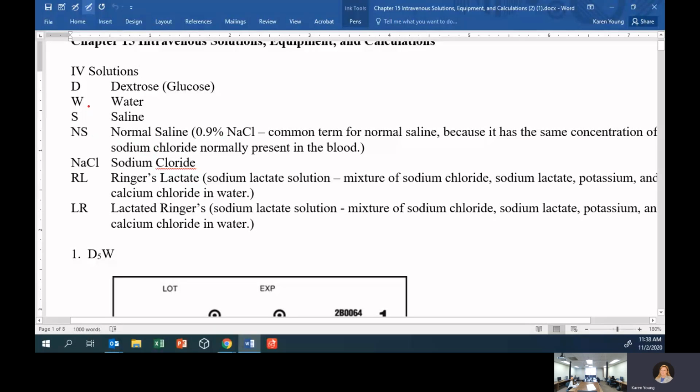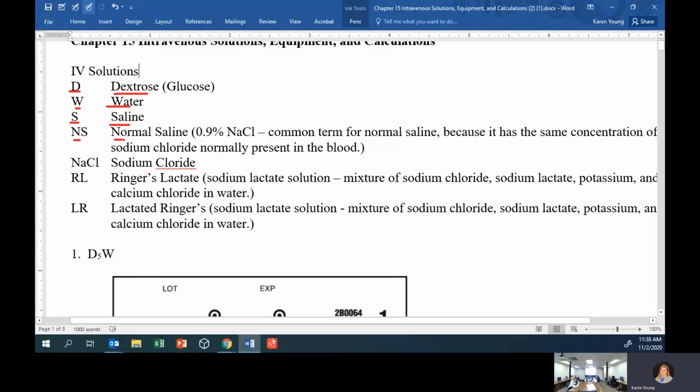All right, so know that D is dextrose. W stands for water. S stands for saline.